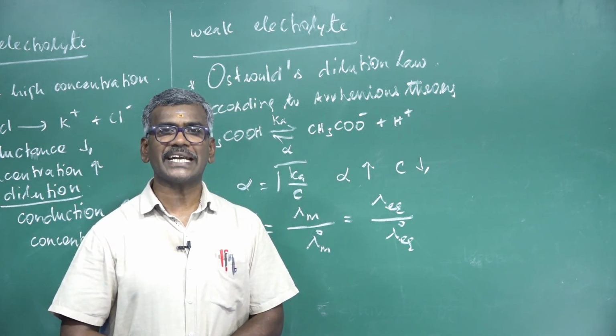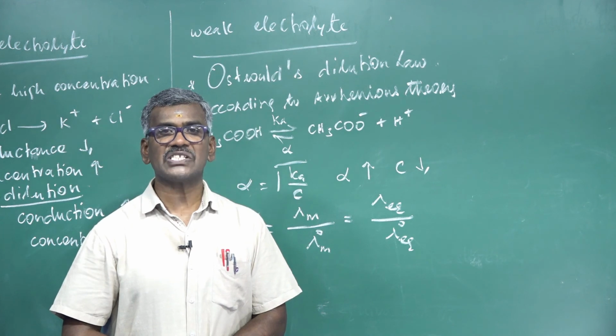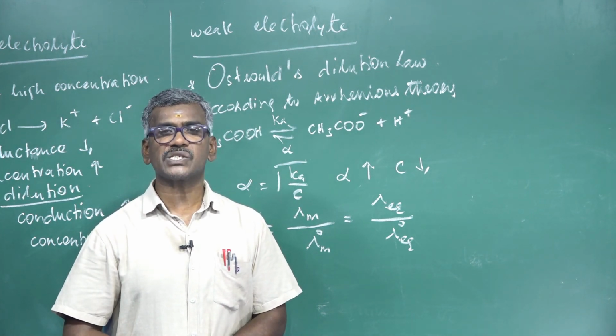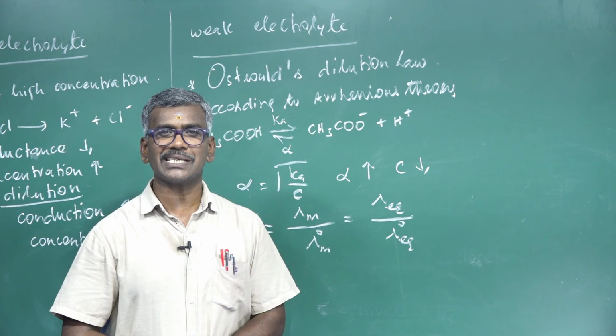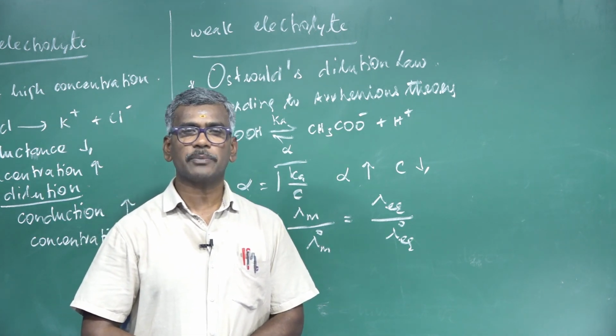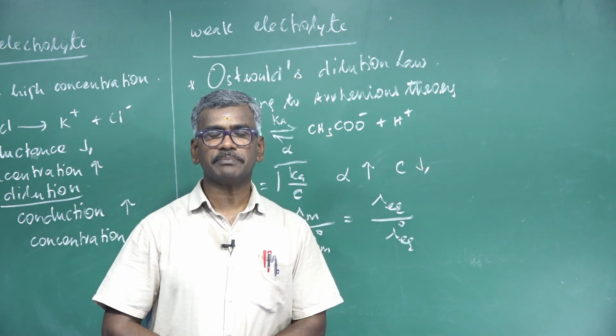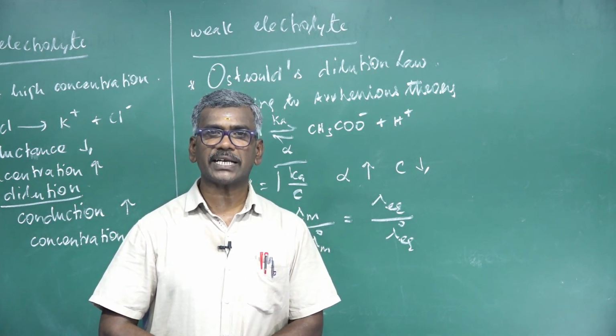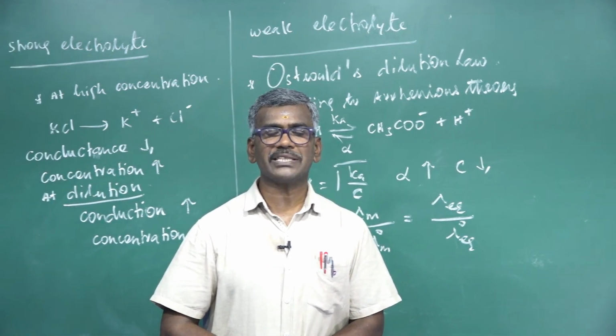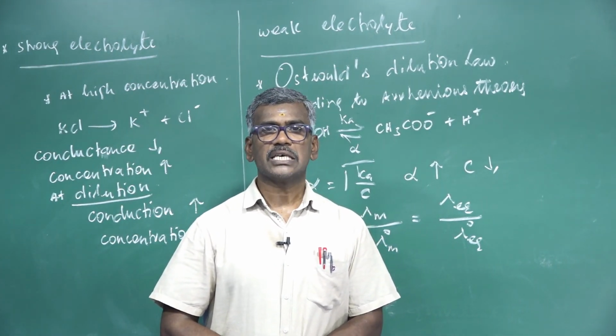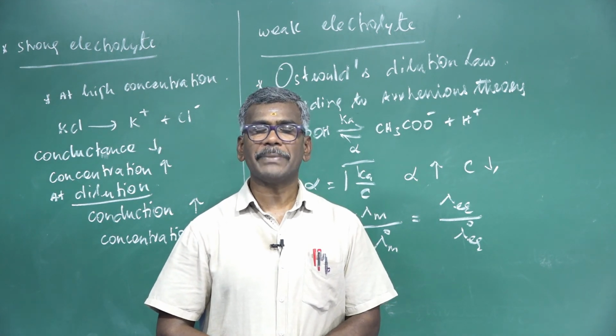R2 is the resistance of the cell containing the unknown electrolyte solution, that is, the ionic solution. Another point is the calculation of conductivity: conductivity equals cell constant times conductance, or cell constant divided by the resistance. Here the unit is mho per meter.